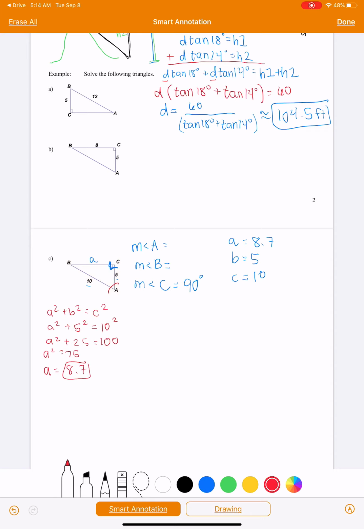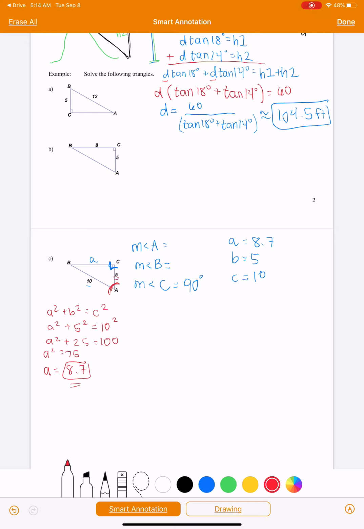Okay, so guys, I highly recommend that you use information that was already given to you when solving for angle measures. Don't use the 8.7 that we just found to be side length A. That's a rounded answer. Use the exact numbers we're given, 10 and 5. So if I'm using these numbers 10 and 5, well, 10 is the hypotenuse, 5 is adjacent to my angle A that I'm solving for at the moment.